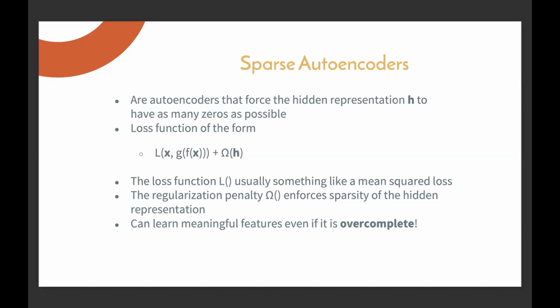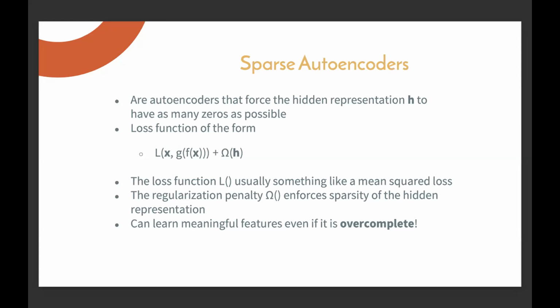So we add a constraint in the original objective function. Here the L is usually something like a mean square loss, or if you are familiar with GANs, we can also use some perceptual loss to reconstruct the image.